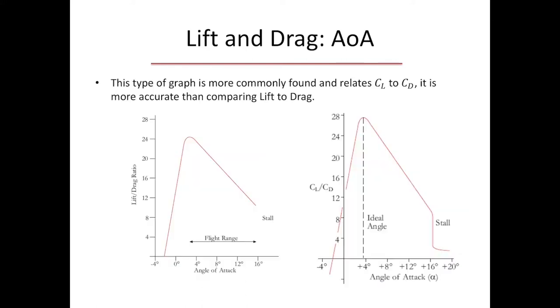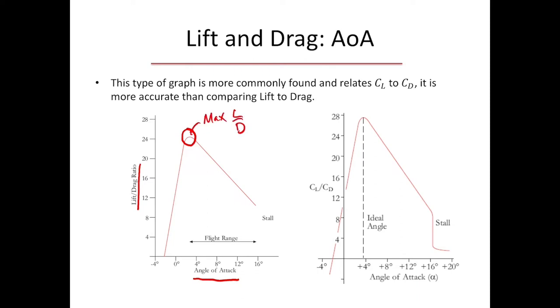So what we can look at is our lift to drag ratio, essentially our ratio of the lift coefficient to the drag coefficient. And that's a bit more useful than just looking at the lift coefficient. So we can see that if we plot the lift to drag ratio against the angle of attack, we do get this point where we get an optimum, a maximum lift to drag ratio.